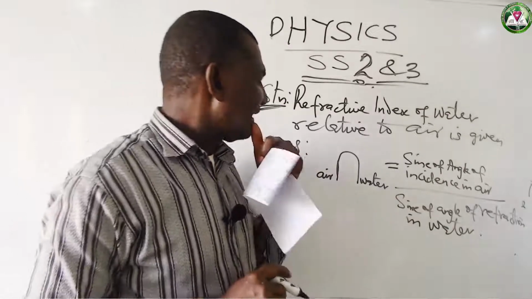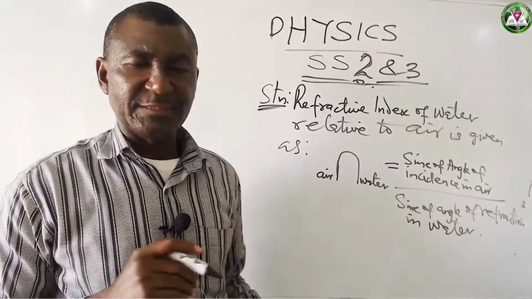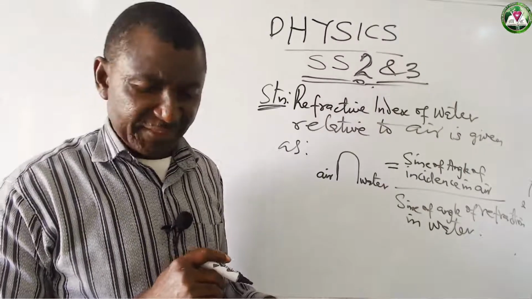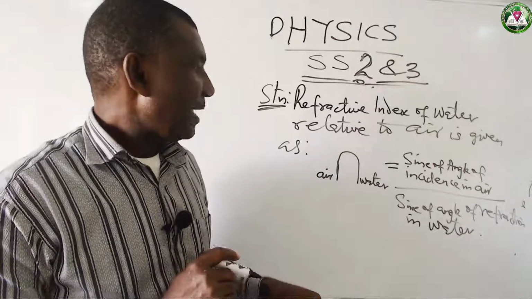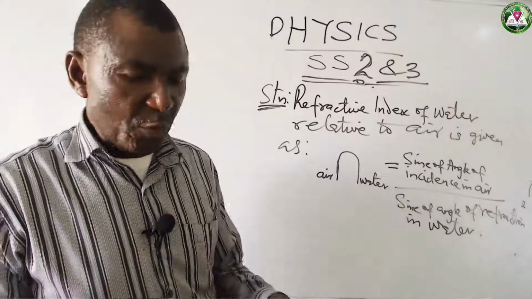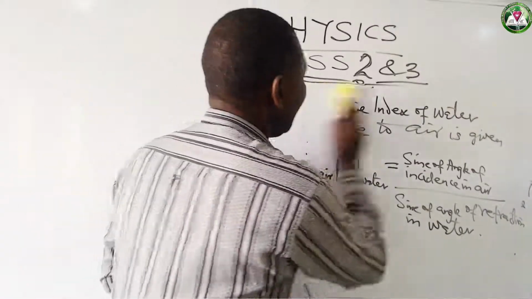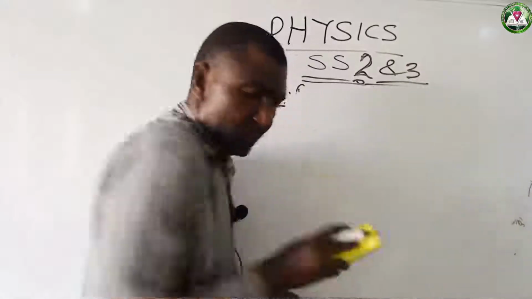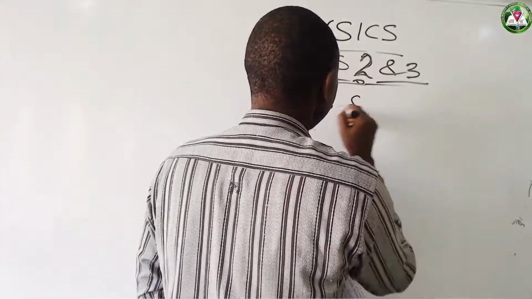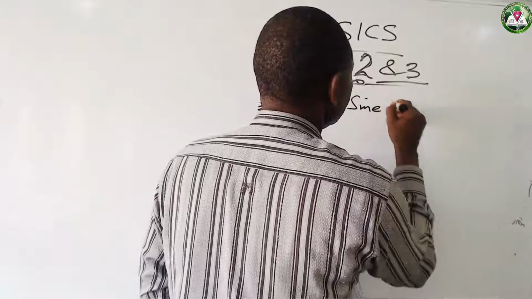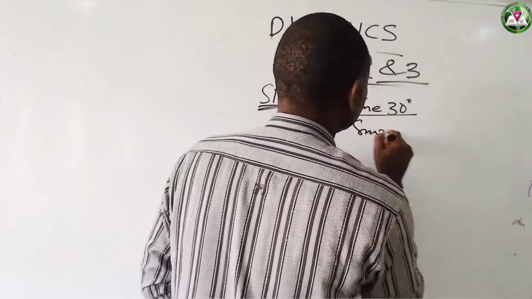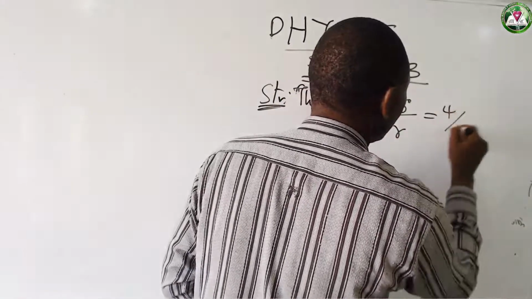We've been given that the value of the refractive index is 4/3, and the angle of incidence is 30 degrees. So we now have sine 30 degrees, which is now the angle of incidence, all over sine r is equal to 4/3.